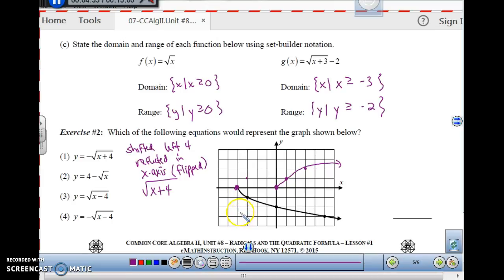All right, remember with a parabola, how did we flip it? If the parabola is pointed down, the leading coefficient is negative. So the leading coefficient on this would have to be negative. So that means that the negative would have to be here. That does the flip, and this does the shift. Shift left. So this one would have to be number 1.